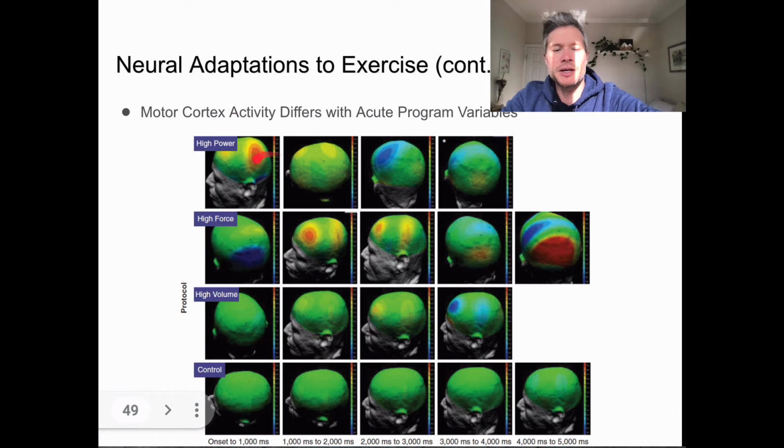what we'll notice is just the different regions. So for example, with high power activity, it's a lot of sensory and motor, so around the middle part of the cortex. With high force production, we see some prefrontal cortex as well as some sensory motor, and then ends up a lot of occipital, so that's our visual center, which is interesting.